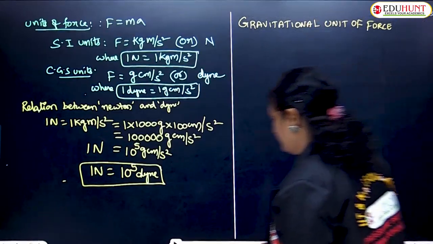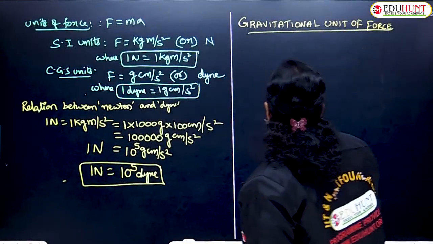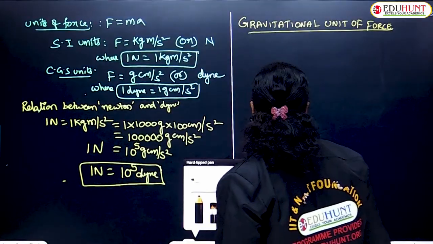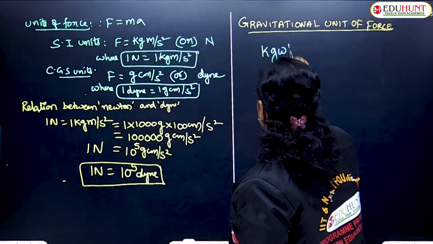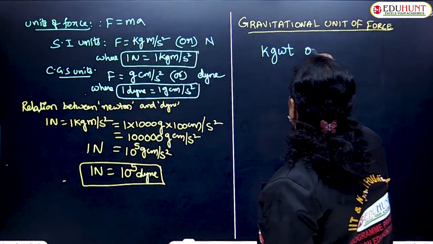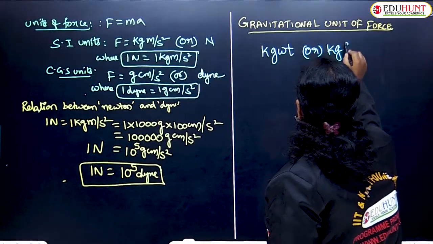The gravitational unit of force is written like this: kg weight, or in another form it can also be written as kg force.